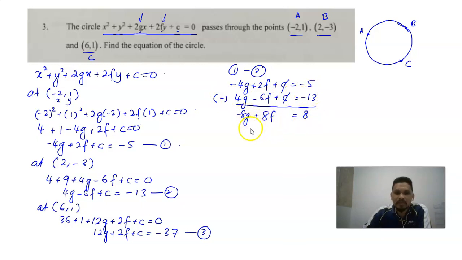Divide by 8, and we get -g plus f equal to 1. So equation 4.